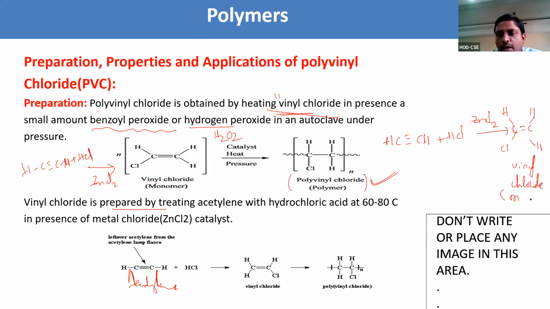Vinyl chloride is obtained by treating acetylene with hydrochloric acid at 60 to 80 degrees in the presence of the metal chloride zinc chloride as a catalyst. This acts as the monomer.